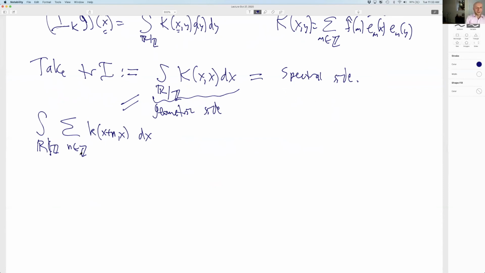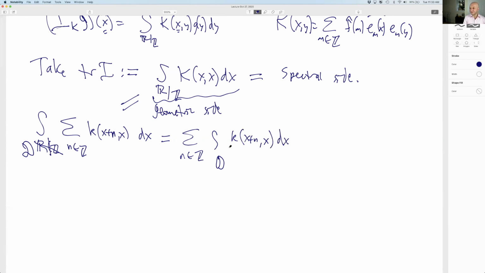To write it like this, I have to pick a fixed fundamental domain. And then we unfold, exactly as before. So I reverse orders. K of x plus n, x, except now I can't easily get rid of this thing.